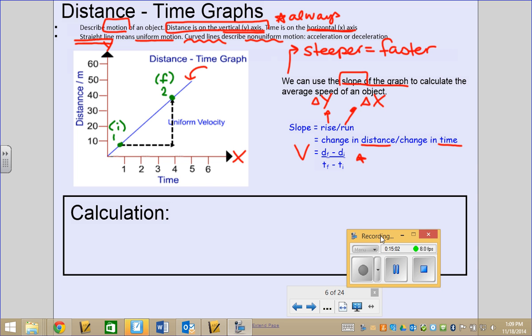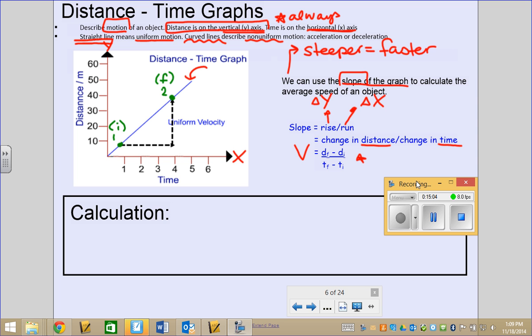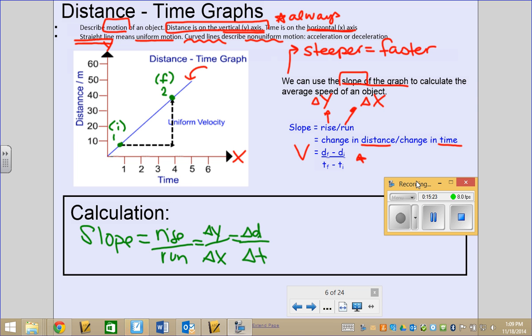So if I'd like to calculate the slope of this graph, I know that slope is rise over run. In other words, the change in y over the change in x. And in this particular graph, that means the change in distance over the change in time. Now, when you're writing out a slope calculation on a quiz or on a test, you don't necessarily need to show me this entire process that we're going through here.